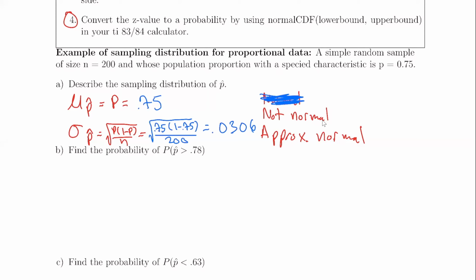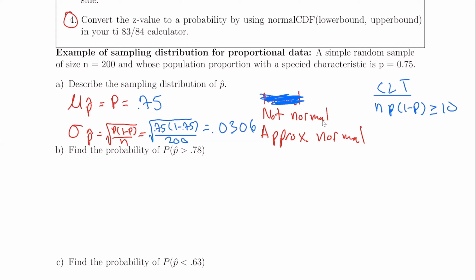To see if the distribution is approximately normal, we're going to use the central limit theorem. For the central limit theorem, we're only going to check to see if n times p times 1 minus p is greater than or equal to 10.